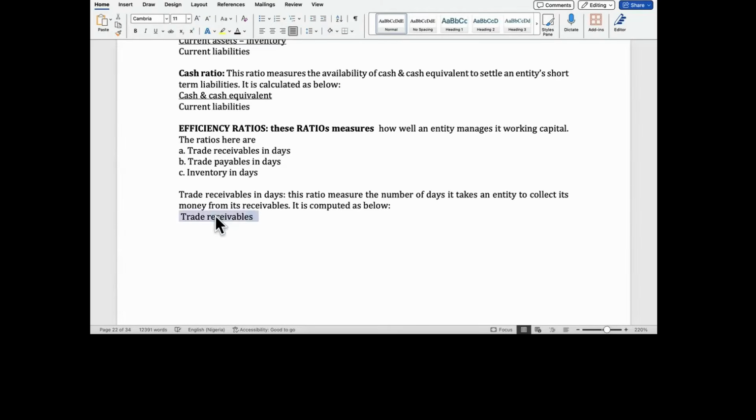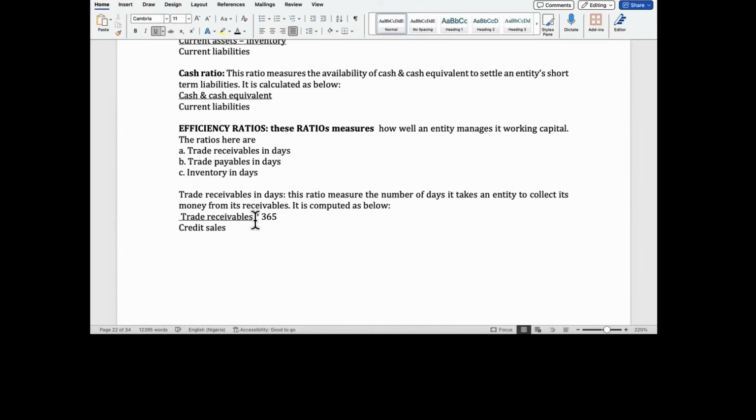It's trade receivables over credit sales times 365 days.